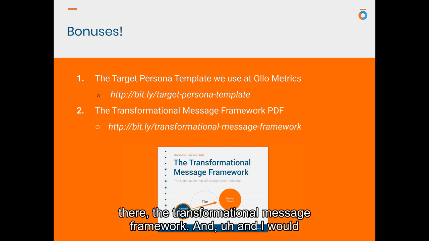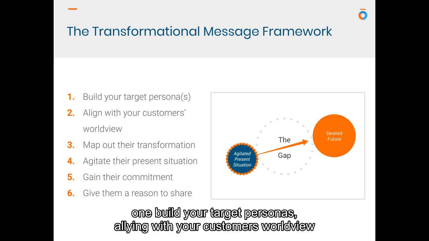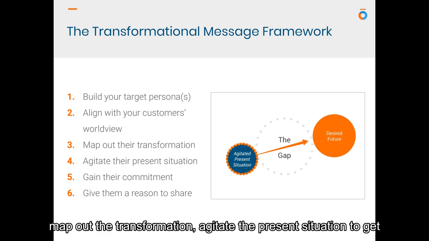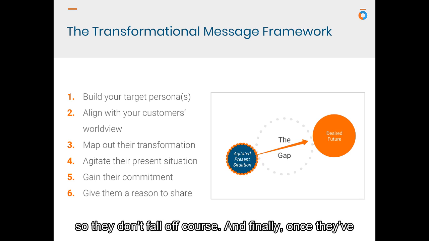And I'll just recap those 6 points. One, build your target personas. Align with your customer's worldview. Map out the transformation. Agitate their present situation to get them to move across that gap. Gain their commitment so they don't fall off course.